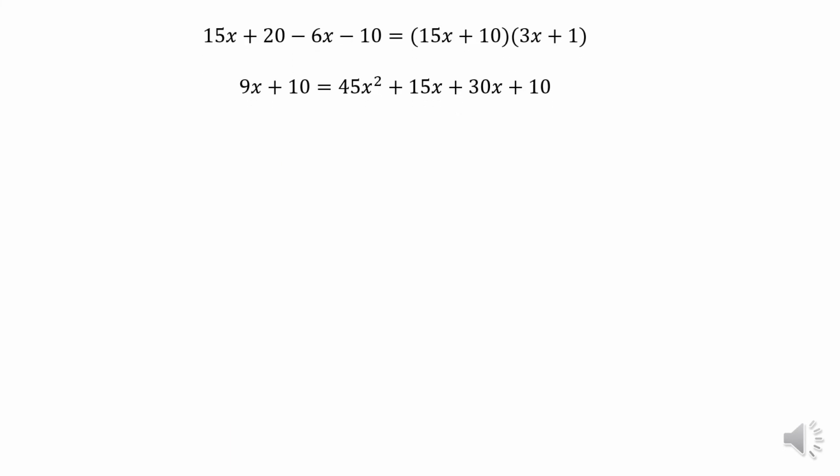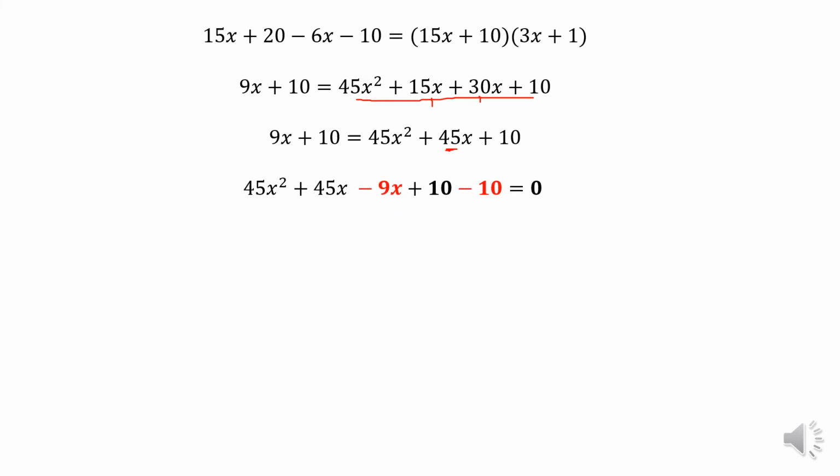And eventually, when we do the left side, we end up with 9x plus 10 equals 45x squared plus 15x plus 30x plus 10. Clean that up because there are like terms here and here. The 15x and the 30x become 45x. And then all quadratic equations should always equal 0, and therefore I equate everything to 0.